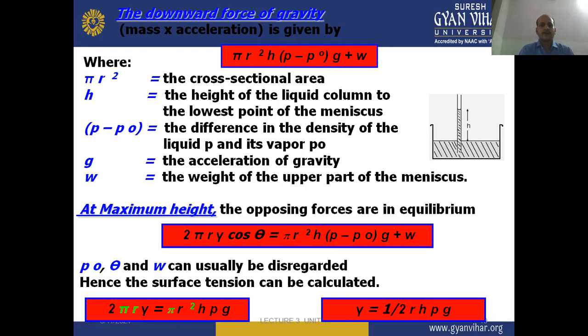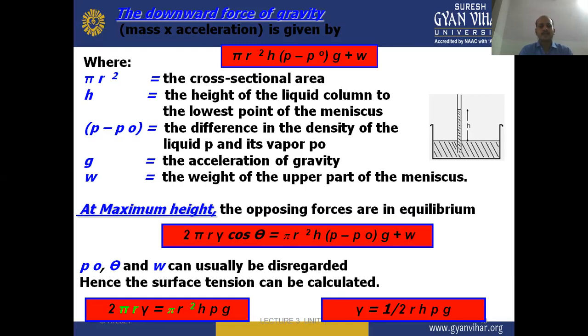So when the upward force of surface tension is equal to the downward force of gravity, it can be written as 2 pi r gamma cos theta equal to pi r square h (rho minus rho 0) g plus w, where rho 0, theta and w are very small, so they can be disregarded.